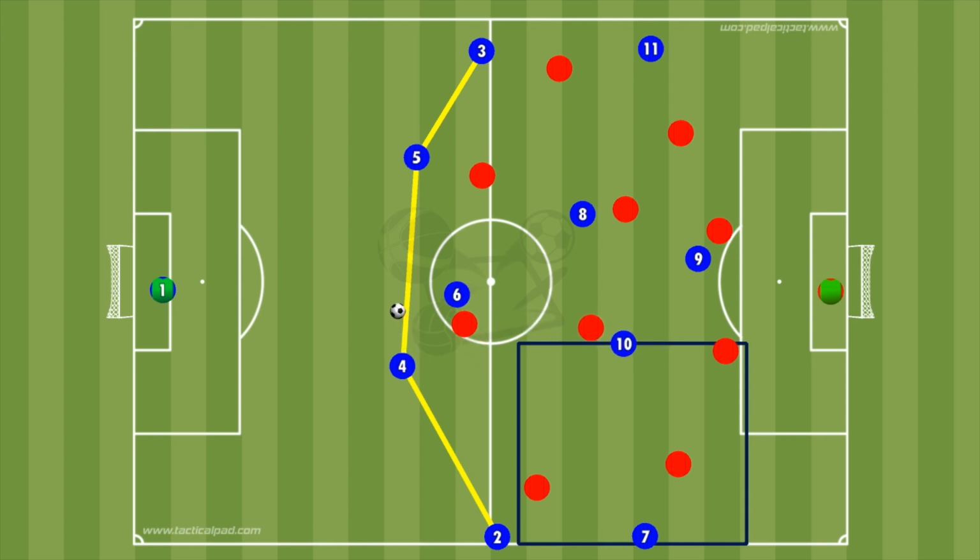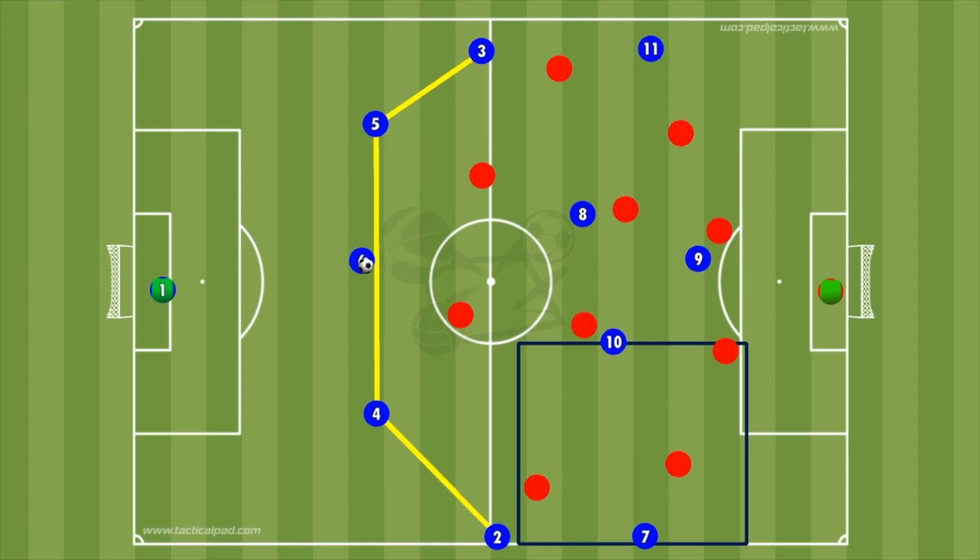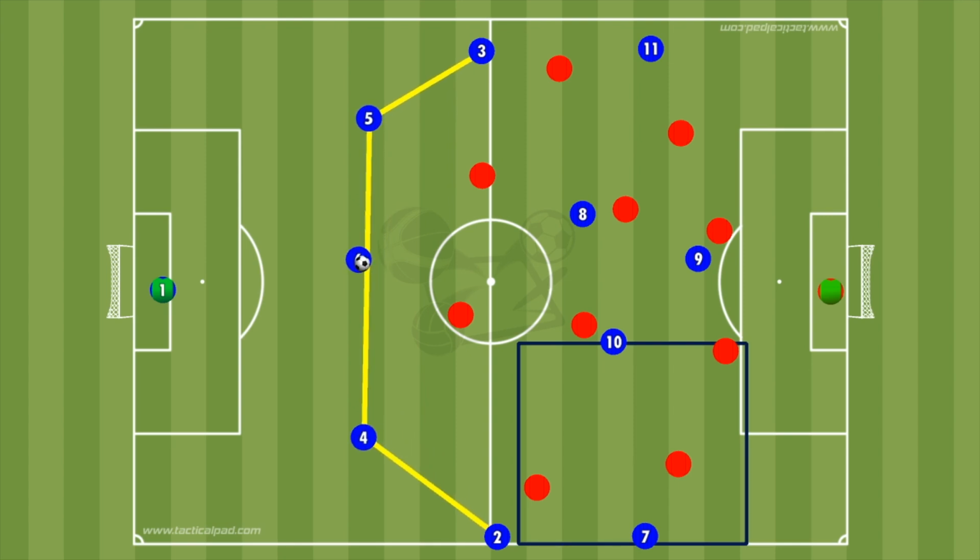But if the 6 drops deeper underneath the 4-4-2 block at this stage, it allows the centre backs to drop wider. And then that creates the unbalance in the opposition press for the fullback to take that inverted space in the attacking area of the pitch.